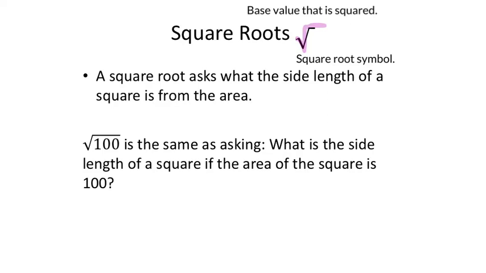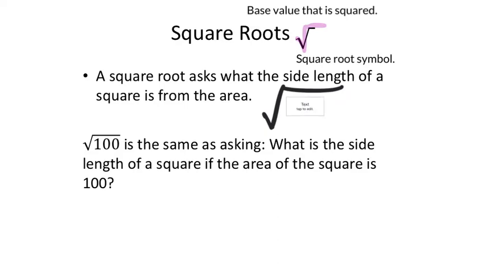Again, the square root asks what the side length of a square is given the area. So this is our square root symbol, and mine don't usually look that good, but whatever.